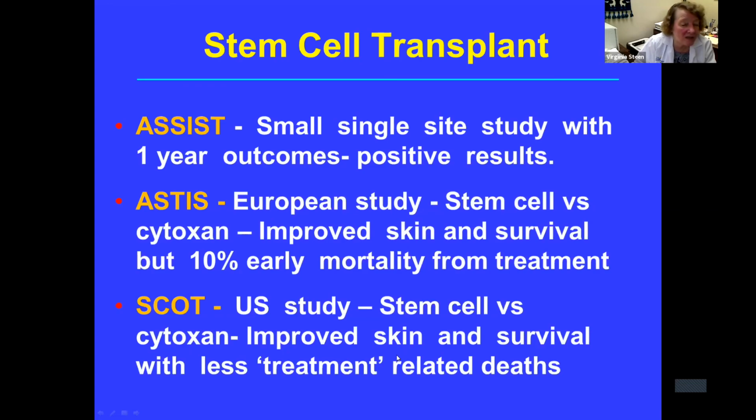These last 2 studies compared it to IV Cytoxan, and the survival was clearly better using stem cell. But it's a big procedure, and there is clearly some risk, and it's hard to know who is the best type of patient to respond to this treatment.